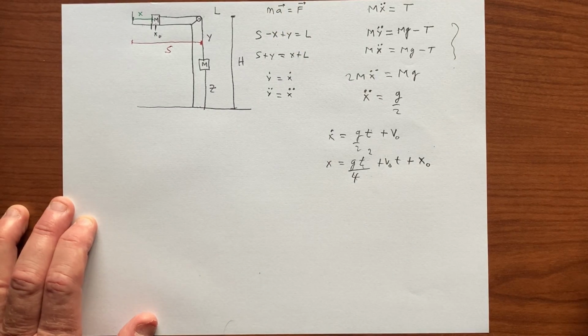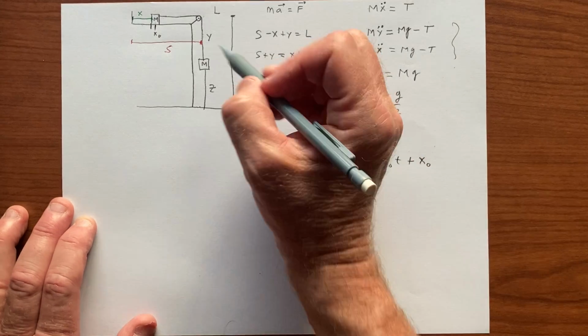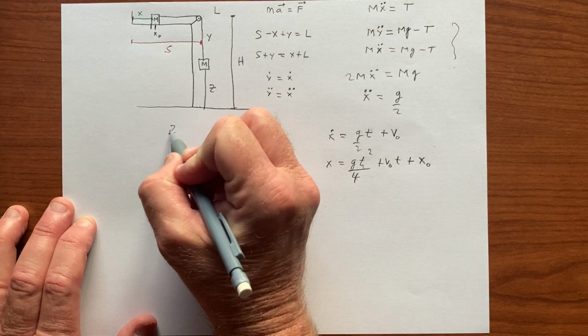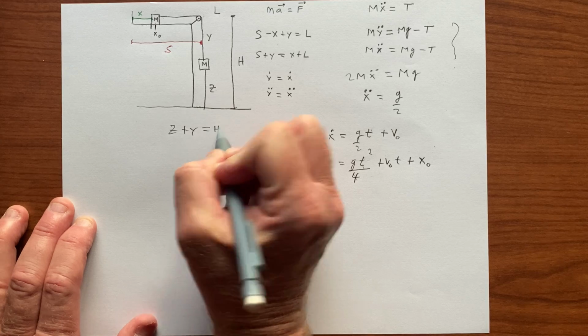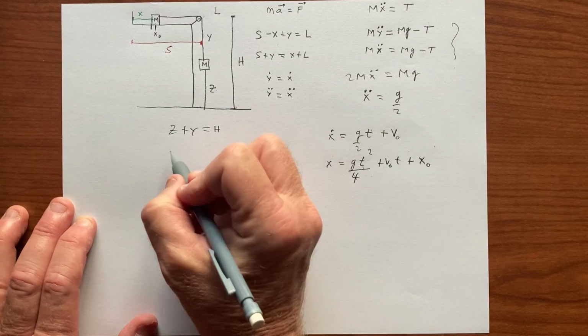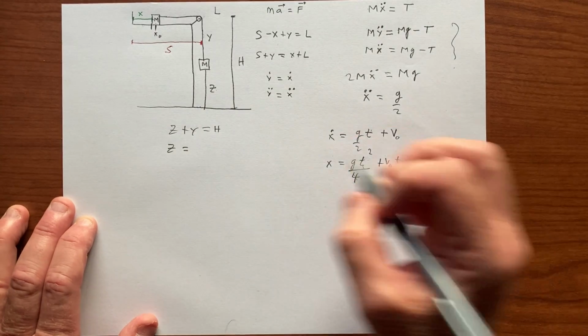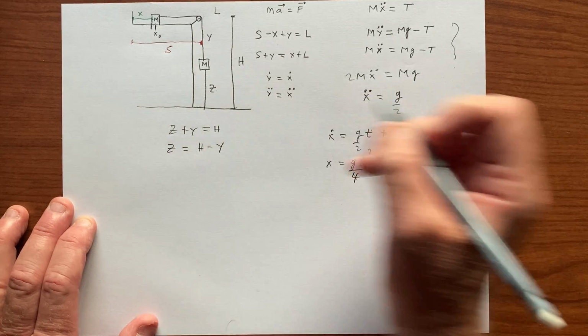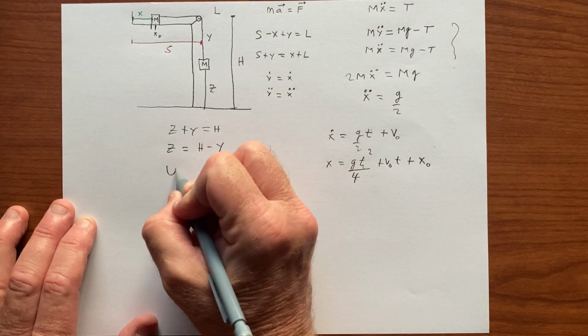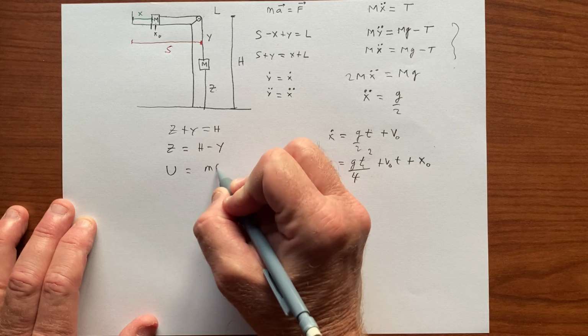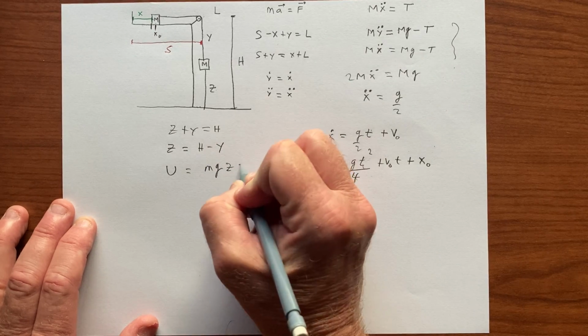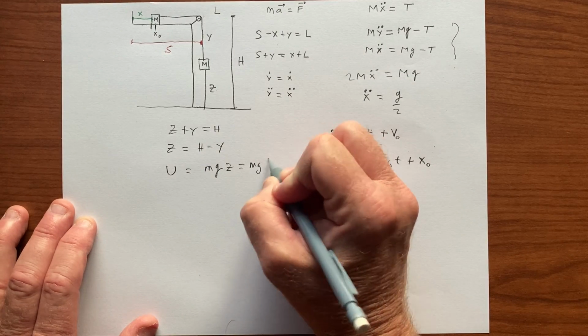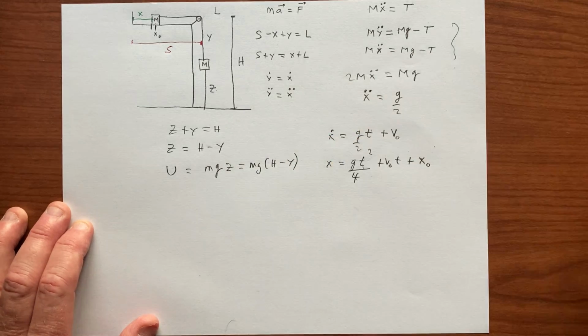And so we would say that z plus y is equal to that fixed value, and so z is equal to h minus y. And so the potential energy would be mg z, which in terms of y would be mg times h minus y.